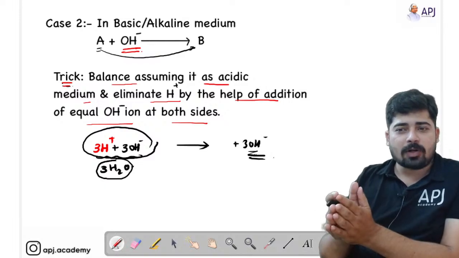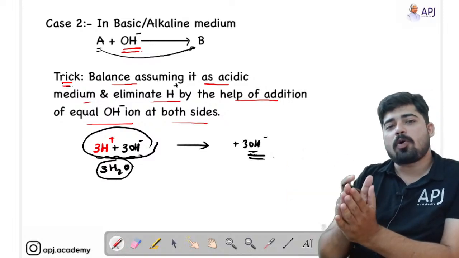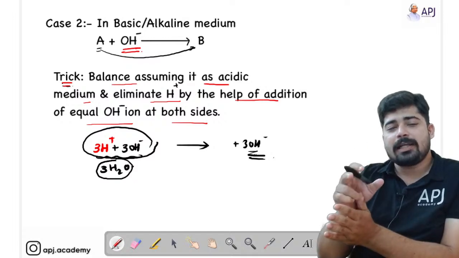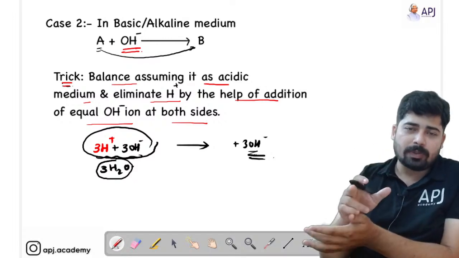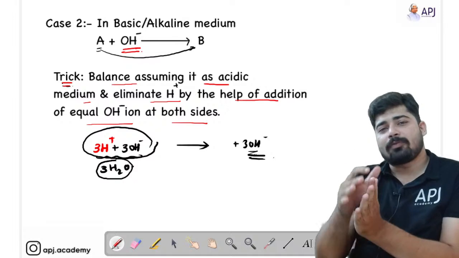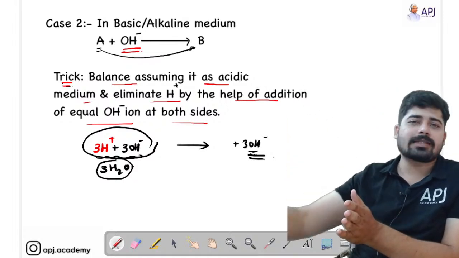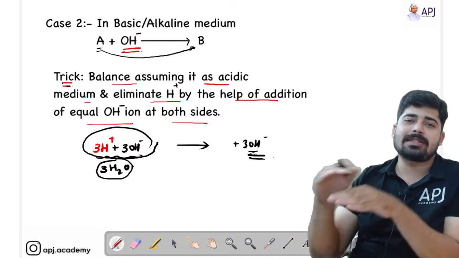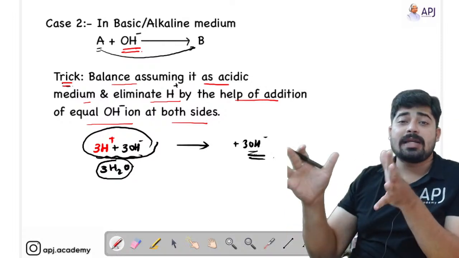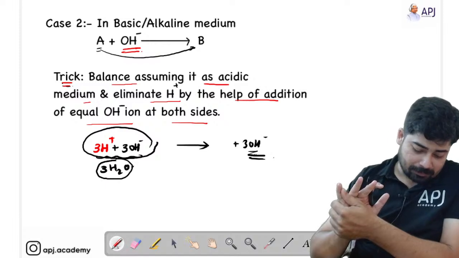For that, we add OH minus in an equivalent amount to H plus, so that the H plus is converted to H2O, and on the other side there will be OH minus. That indicates the medium is now alkaline in nature.